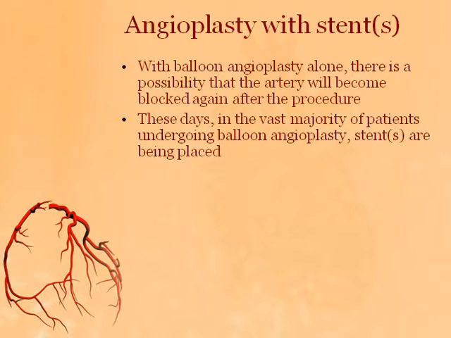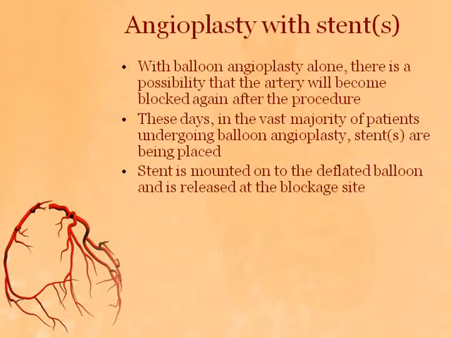So these days, in the vast majority of patients undergoing angioplasty, stents are being placed. Now this stent is basically mounted onto the deflated balloon, and as you saw in the previous slide, the balloon is sent up to the site of blockage in the artery with the stent on it.